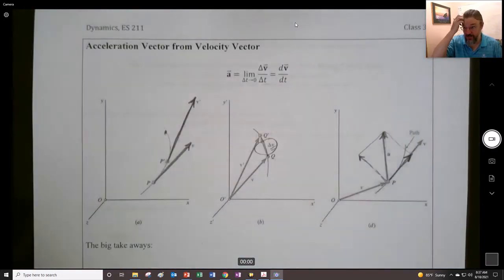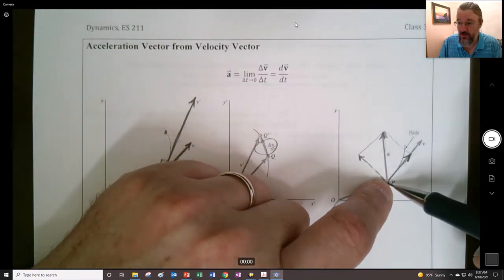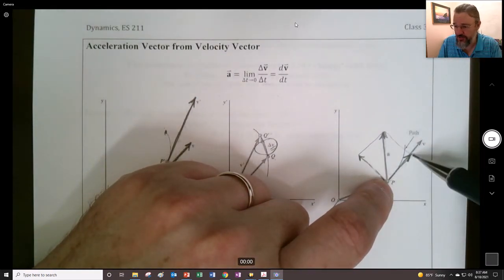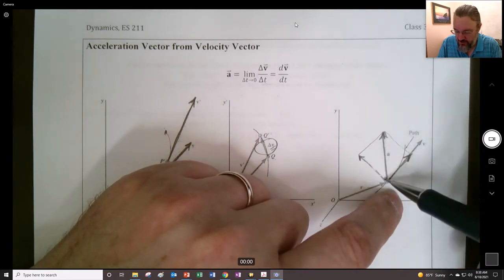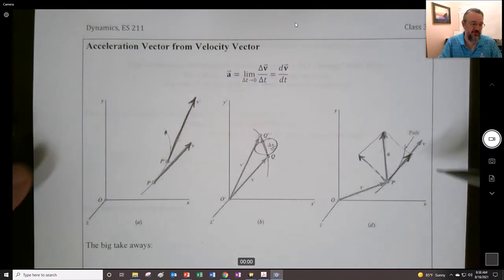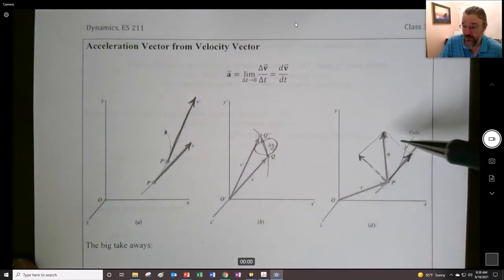That's just one way of breaking this thing down. In the path coordinates, this component is the change in speed. Part of this acceleration is going to be due to the change in direction, and we're going to see that that's the centripetal acceleration.